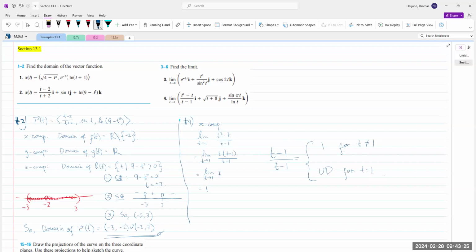So we need to do it in 2 steps. First, t minus 1 cancels because t is not 1 yet, right? That's why we get from here to here. And after that, we replace the t by 1.